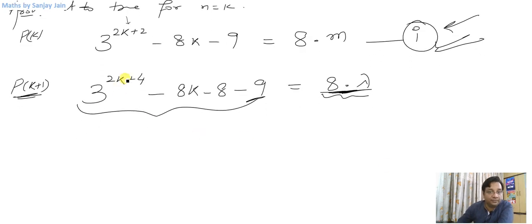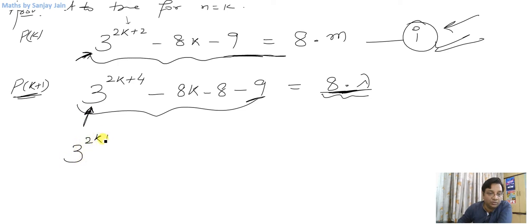So let's do that. Now see, to use this equation, this first one, I need to bring it into this 3 raised to power 2k plus 2 form. So what I'll do is I'll manipulate this term here and write it as 3 raised to power 2k plus 2, and this 2 I will write like this, 3 raised to power 2. Now see, if the bases are same, the exponents will get added.